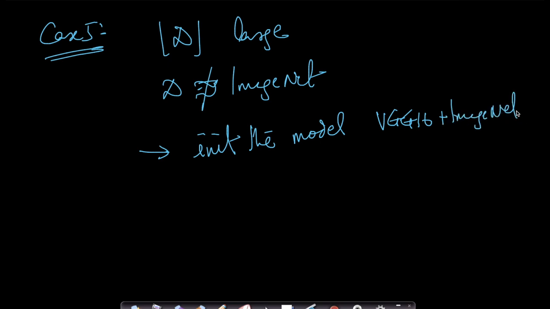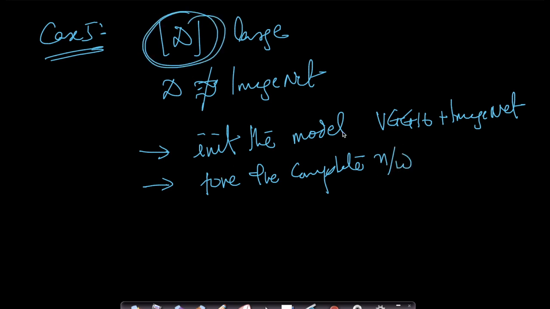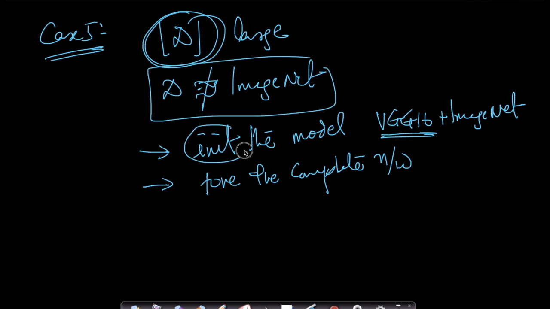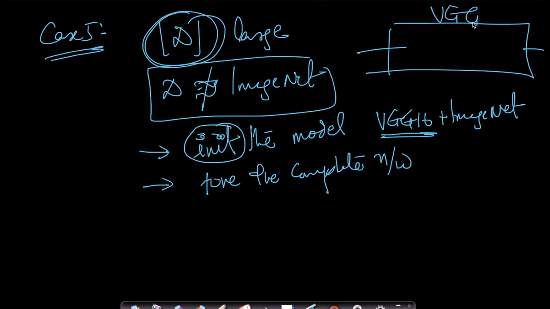Use this as the initial model. Then you can fine tune the whole network, tune the complete network, because you have lots of data. Using the VGG plus ImageNet features, even though the data set is not same, using them as an initializer certainly helps, because this model is well trained to start with. The whole VGG model is well trained. You just fine tune the whole network because your data set is large.